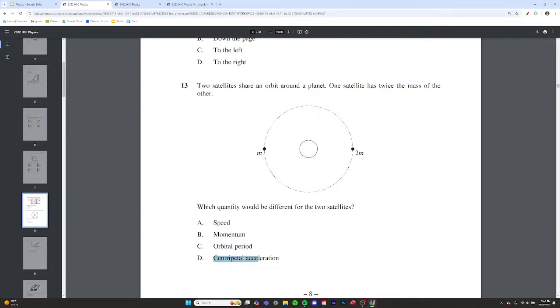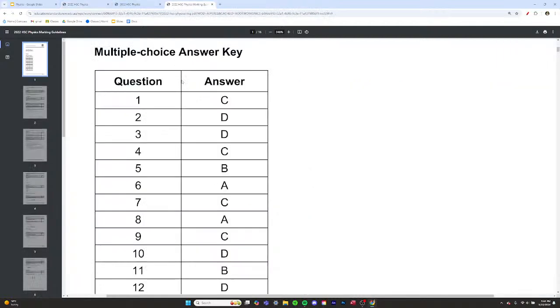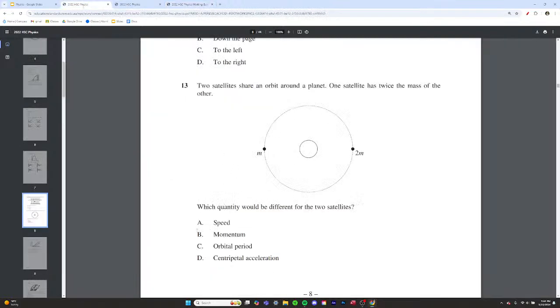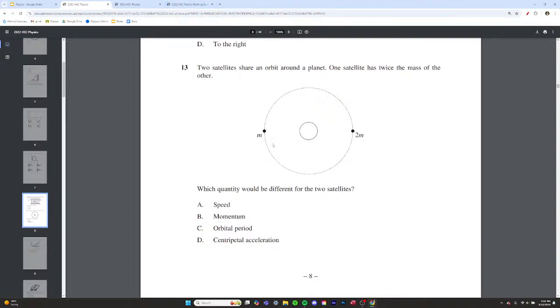That's a good process of elimination. If it's v squared on r, they both have to have the same velocity. If they have different velocities, that means they have different speeds. So it can't be D or A by that logic. Momentum. I might just go with momentum. Yep. Because momentum is mv or something.